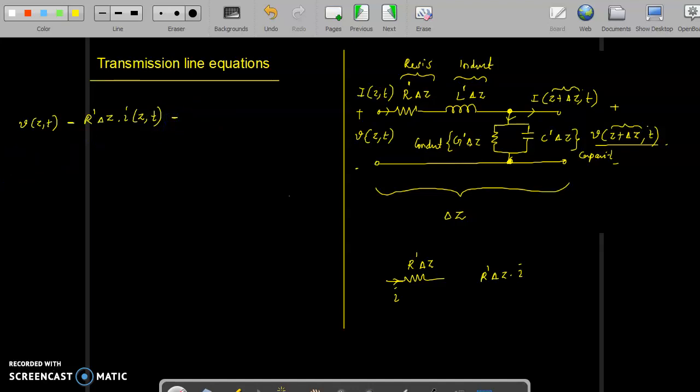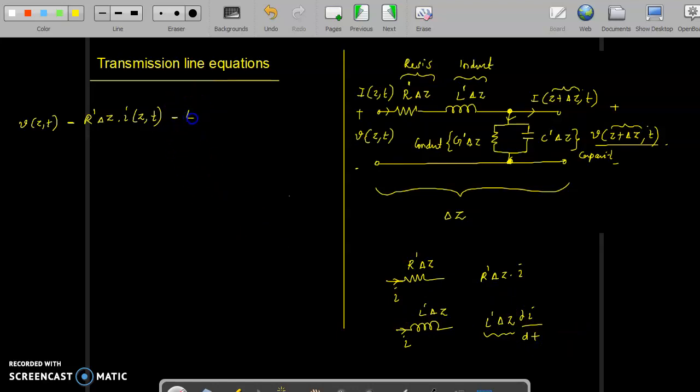minus the voltage drop across the inductance. If you take the inductance, this is the current, and the total inductance is L dash delta Z. So the voltage drop across the inductance is L dash delta Z into di by dt, so L times di by dt.